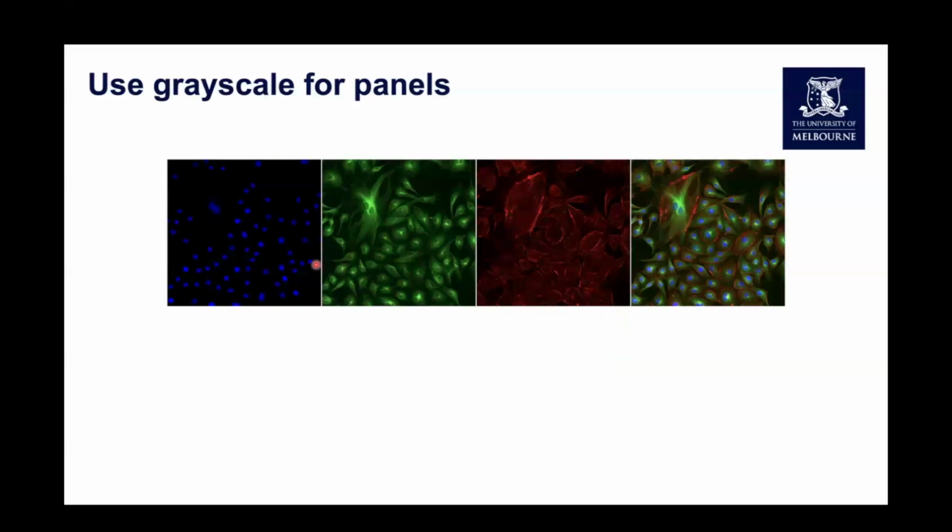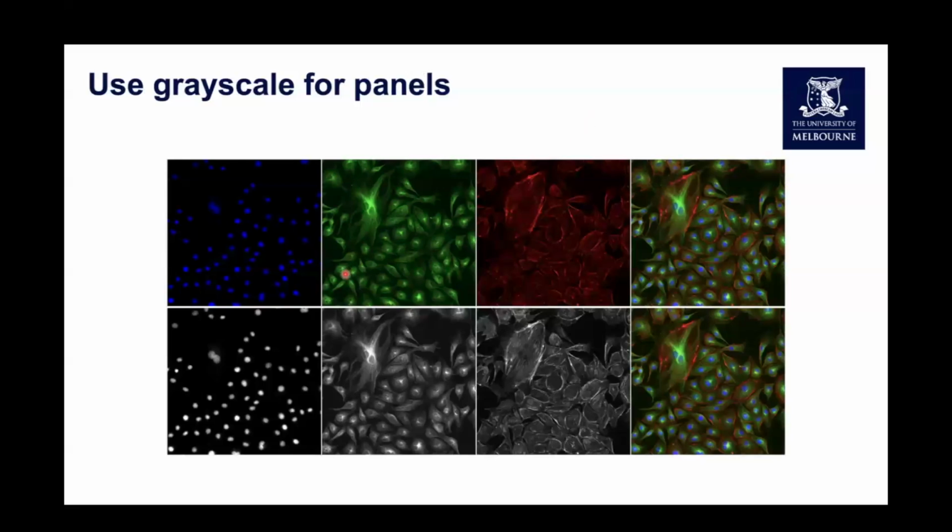That means, again, that we need to be very careful when we're creating panels. So in this case, I've got a blue, green, red panel here with a merge. Again, we'll come to it, but this green and red combination is not the best.